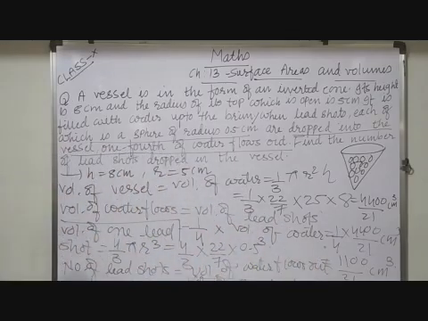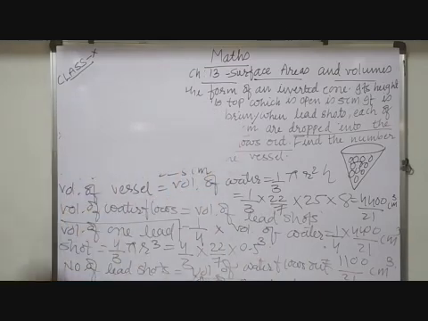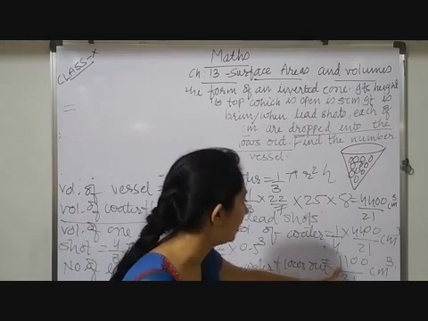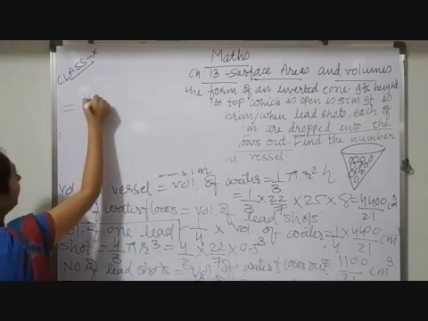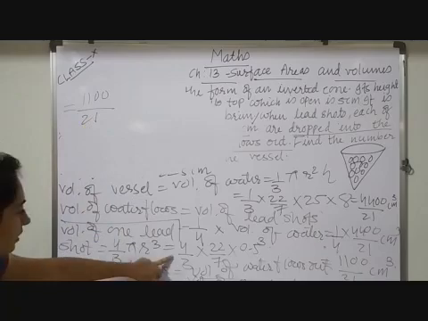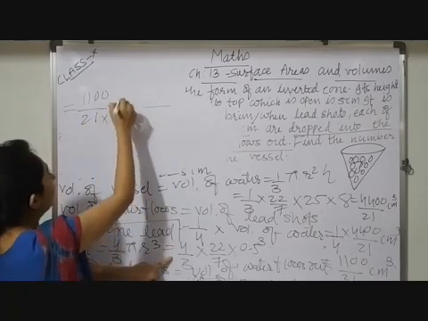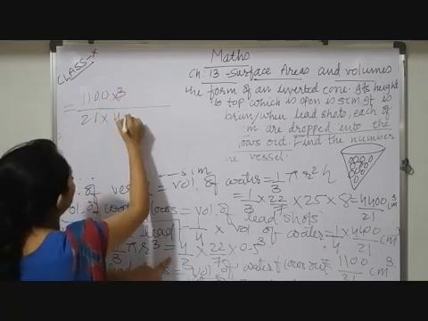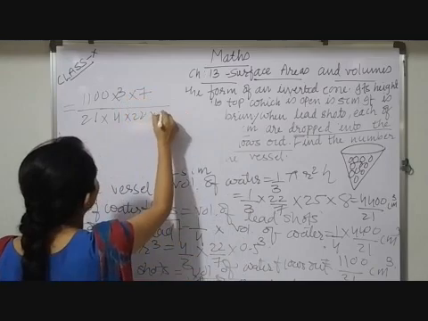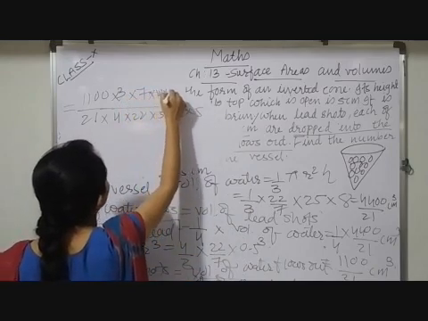The volume of water that flows out I have calculated as 1100 upon 21, and for the volume of one lead shot I have 4 by 3, so 3 goes in the numerator, into 22, 7 goes in the numerator, into 5 into 5 into 5 over 10 into 10 into 10.